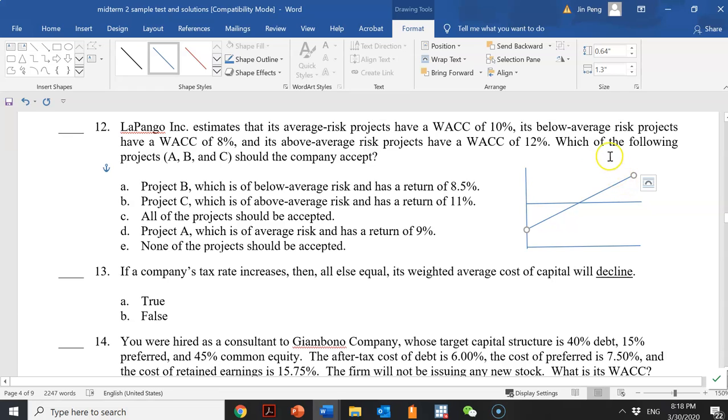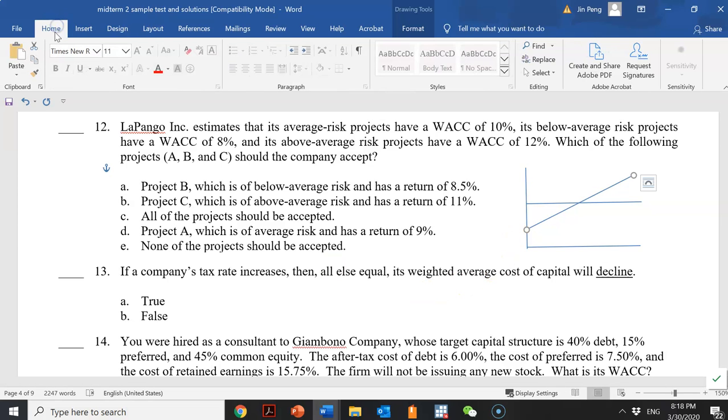Any point above the line means that the project has a return higher than the WACC of the same risk level, so we should accept the project. Any projects below the line we should reject because the return is below their cost. You can refer to our notes in chapter 10 if you don't remember this anymore.